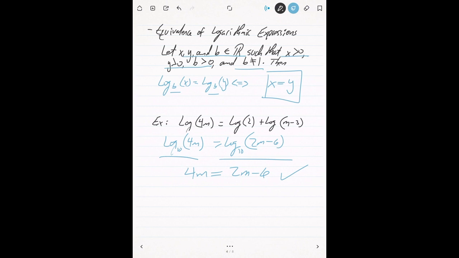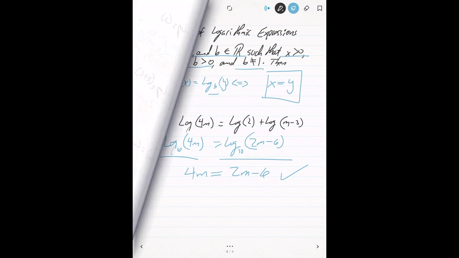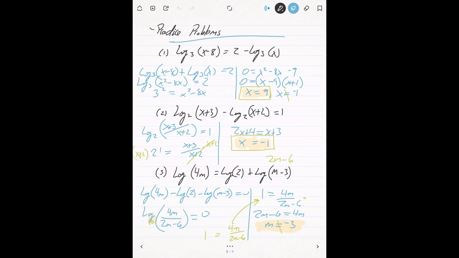Now, this does not always work. What I mean is, you can't use this for every problem that you come across. For example, I couldn't use it for this problem: log base 3 of x minus 8 equaling 2 minus log base 3 of x. The property said you had to have a logarithm equaling a logarithm.